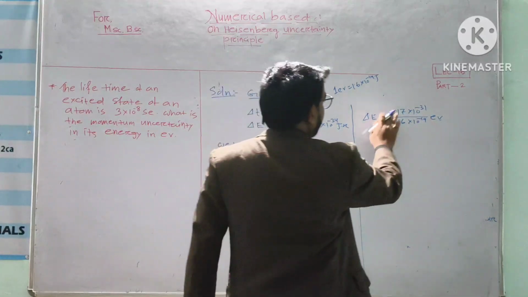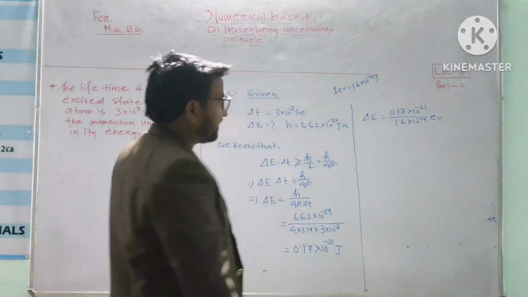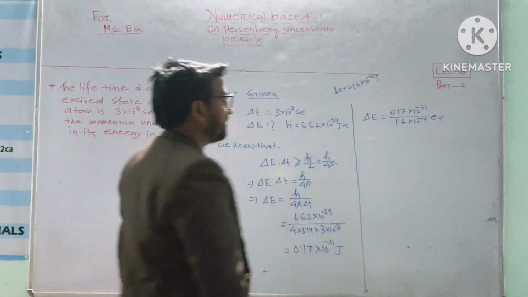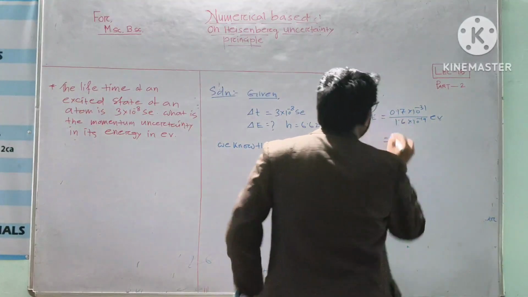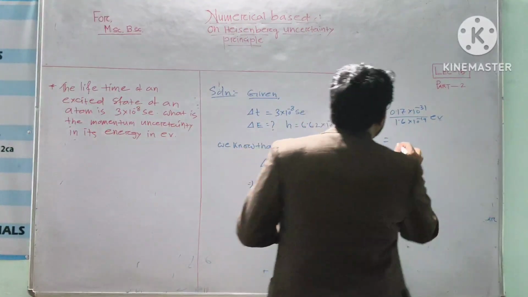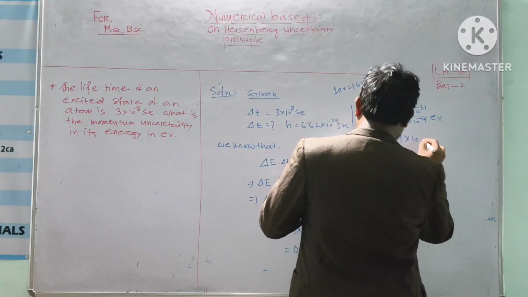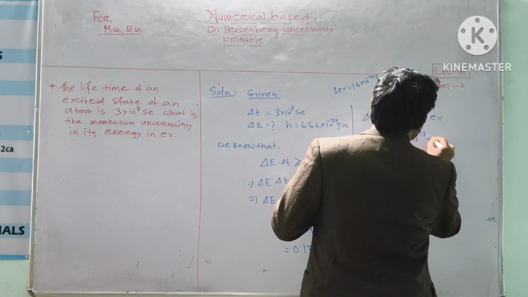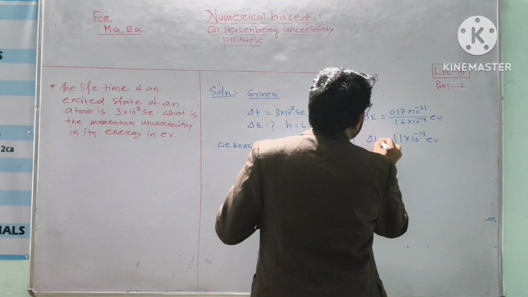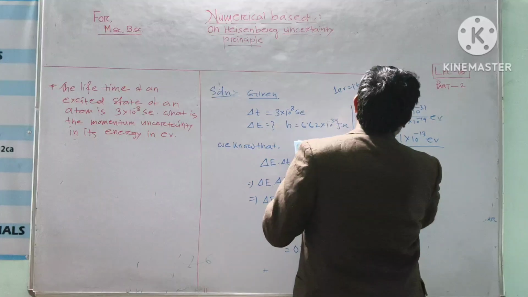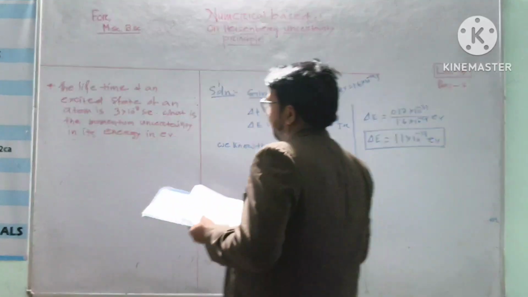This is equal to 1.1 into 10 to the power minus 13 electron volt. So this is our uncertainty in energy.